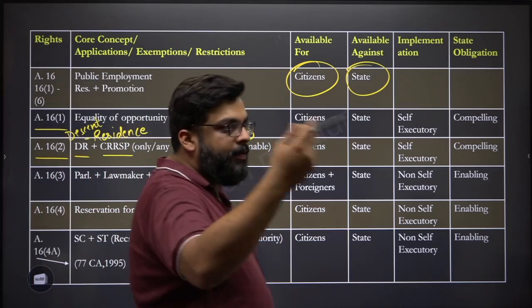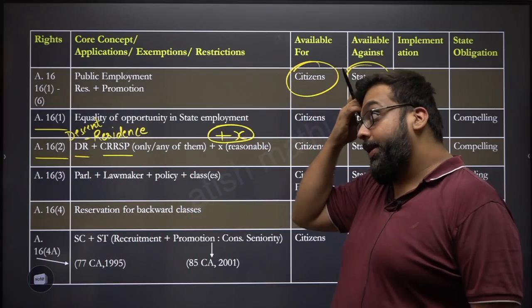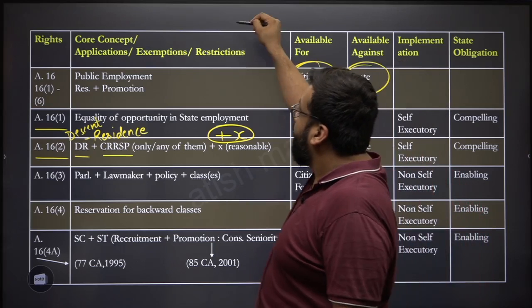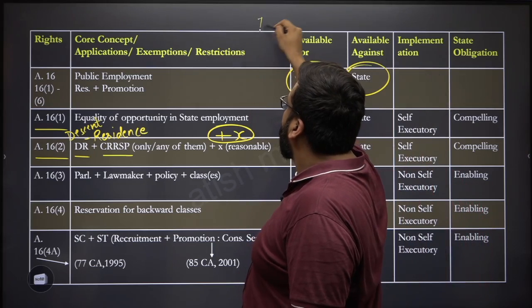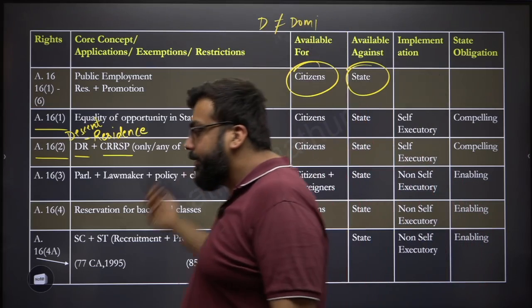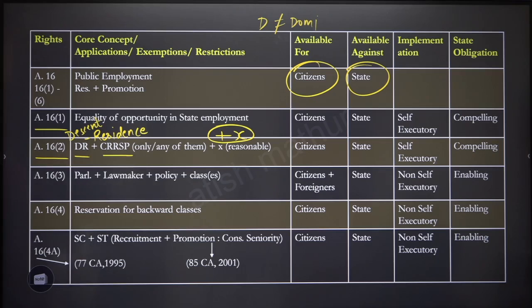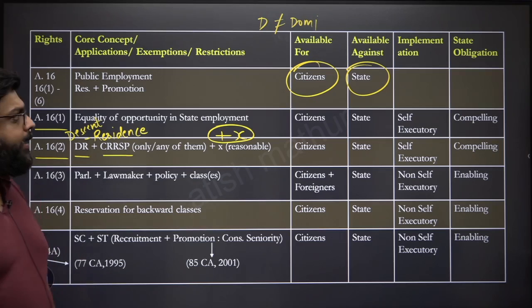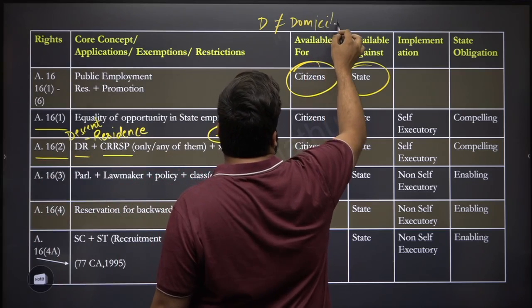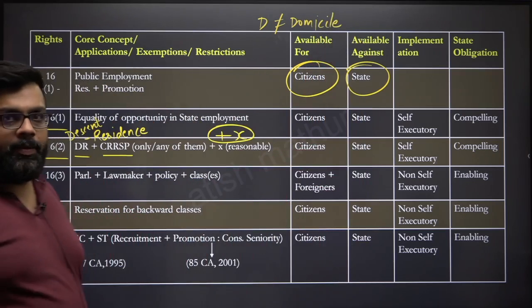If there is another discrimination criteria that you're adding and it seems to be reasonable, it is okay. For example, descent does not mean the same thing as domicile, right? Or residence does not mean the same thing as domicile, right? So these are things that we have to understand. These are things that we have to be particularly careful about, right?